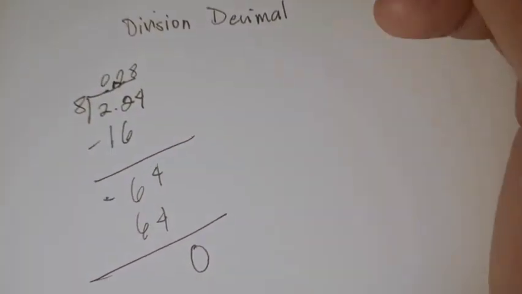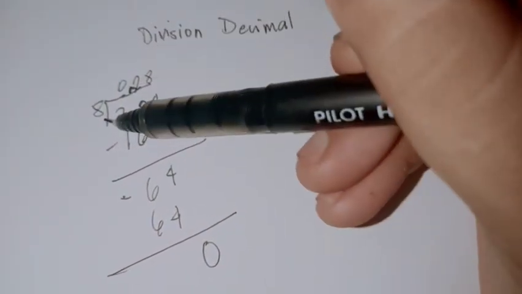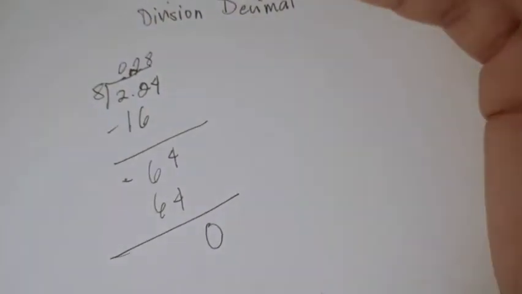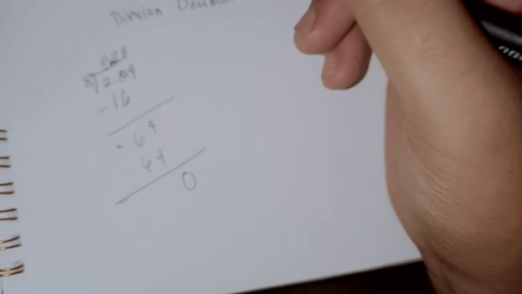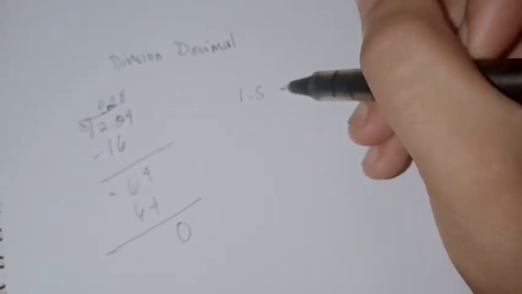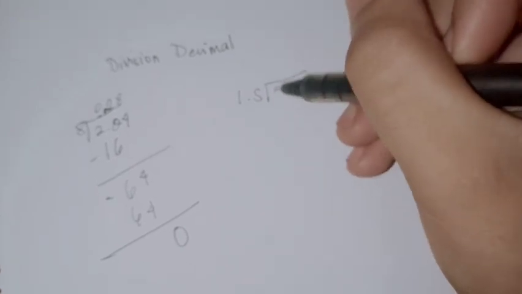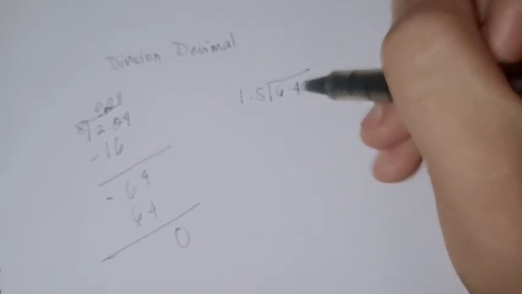So what if both the divisor and the dividend are decimal numbers? So the example is 1.5 and 6.455.